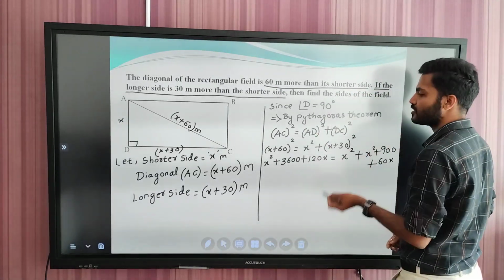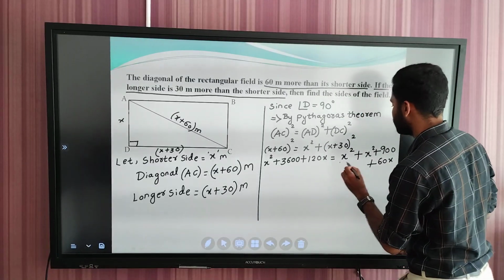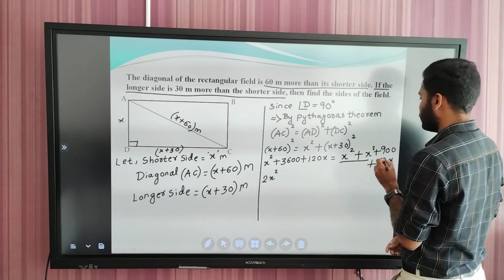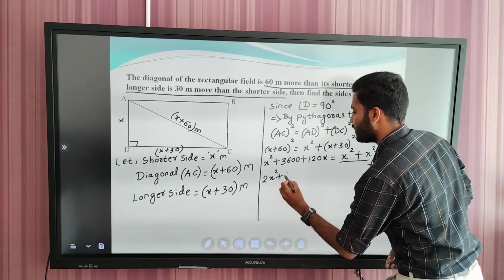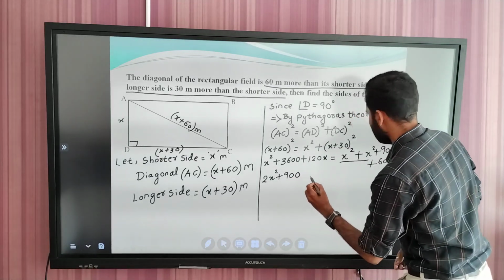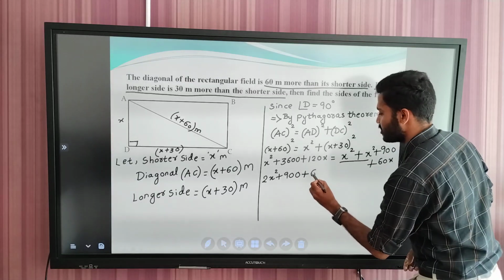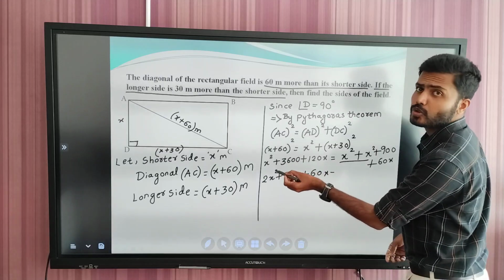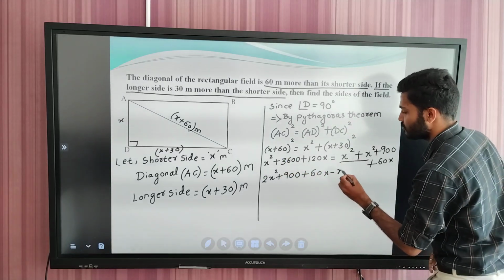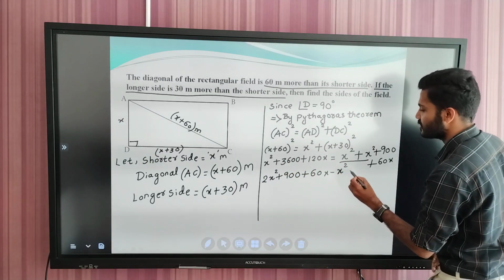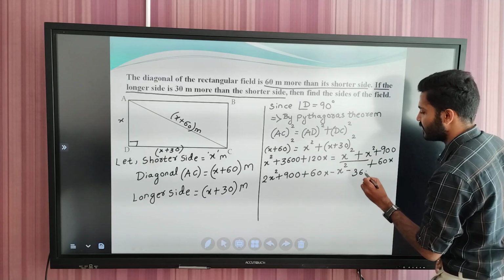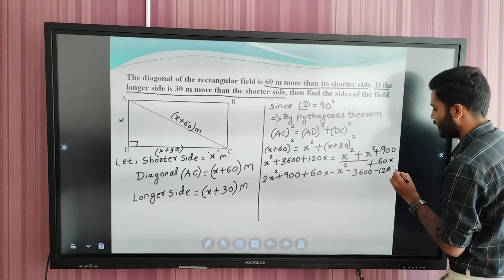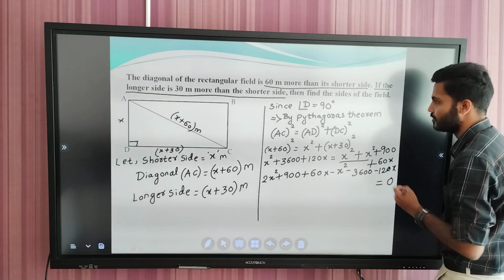So I'll take all of this on the other side. x square plus x square is 2x square, then plus 900 plus 60x. Take all the other things on the other side. So x square becomes minus x square, plus 3600 becomes minus 3600, and plus 120x becomes minus 120x is equal to 0.